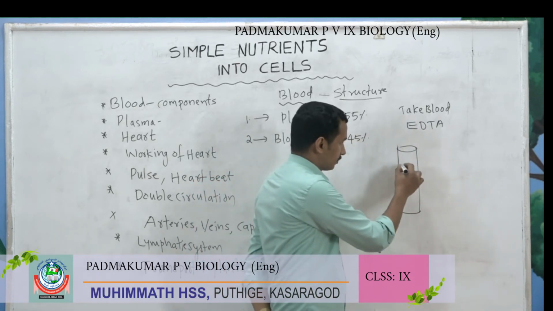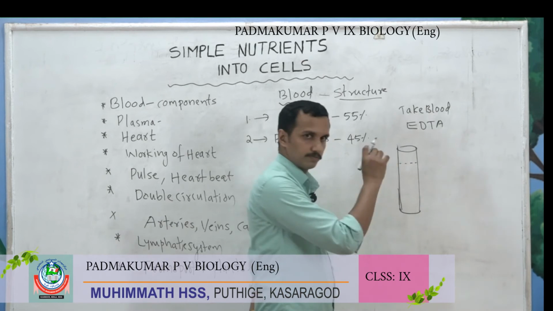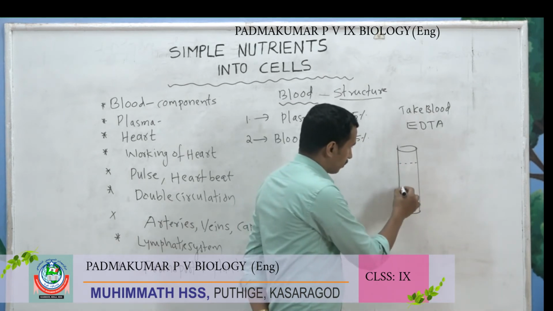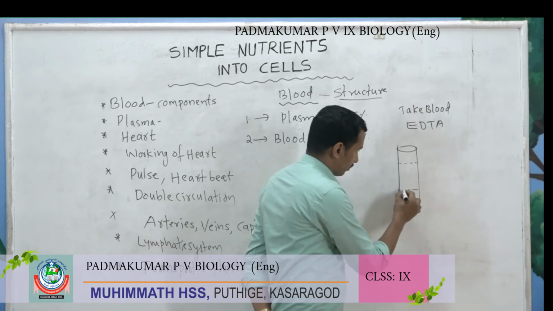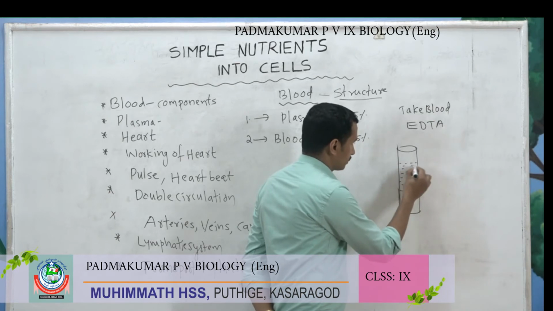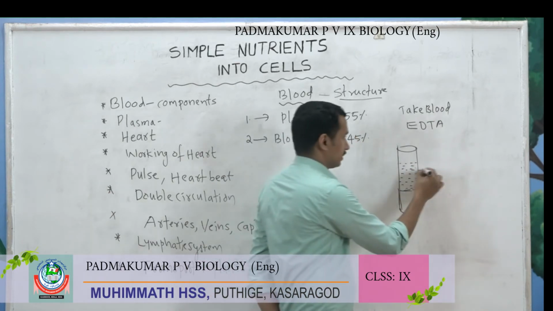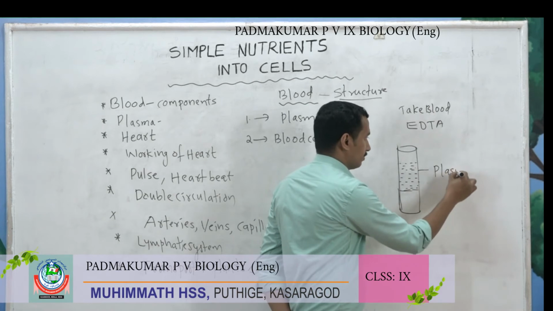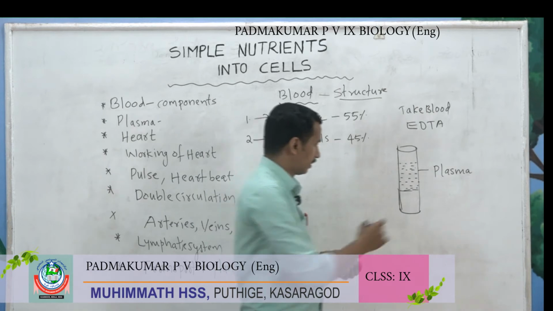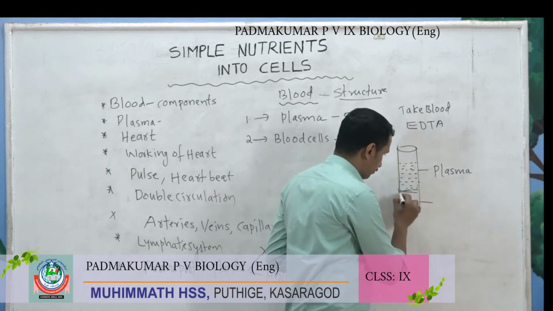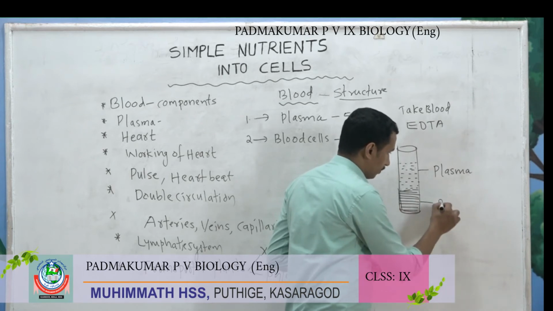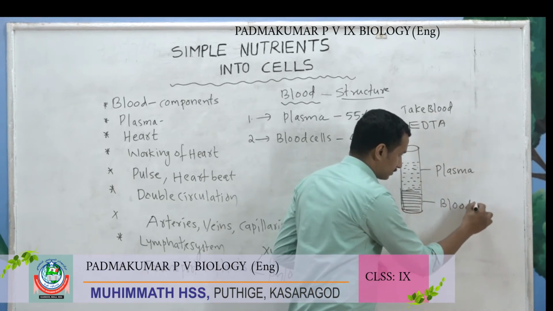So if you take 100 ml of blood, or a few amount of blood in a test tube, what will you get? Around 55% of your blood sample will be plasma, isn't it? And the remaining 45% will be composed of blood cells.